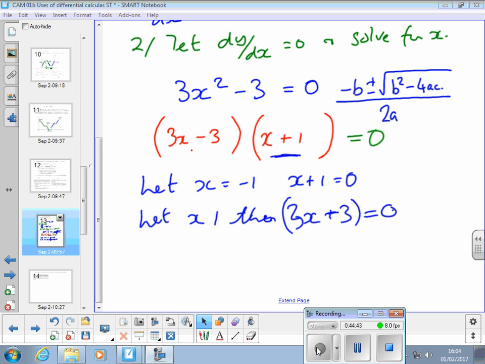This quadratic's got two roots, yeah? Two points where the function crosses the x-axis.